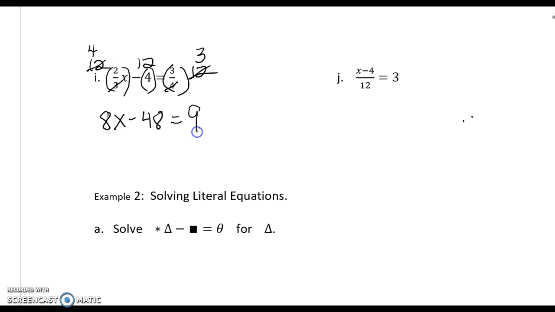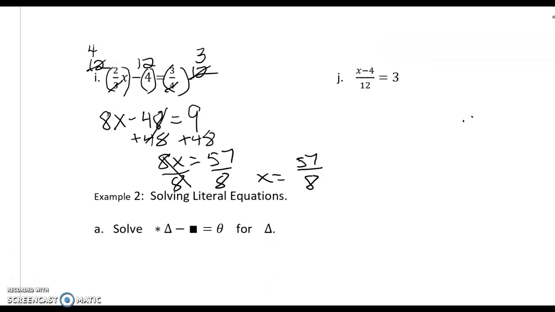So 3 times 3 is 9. That's what's going to happen when we multiply every single term by 12. We've cleared out the fractions. When we solve that equation for x, we're left with x is equal to 57 over 8.